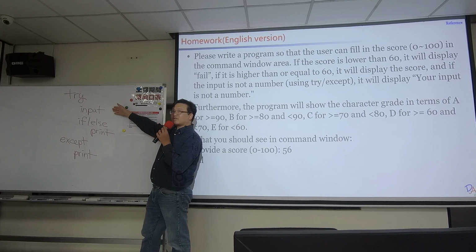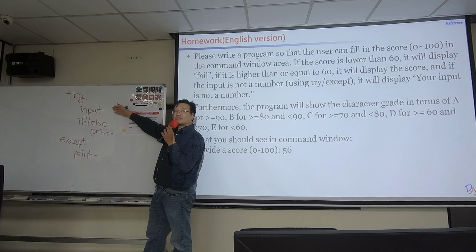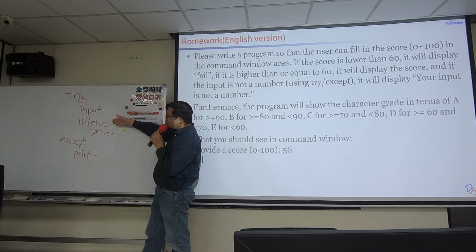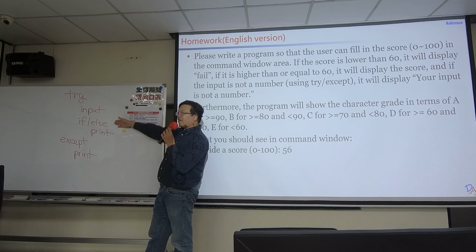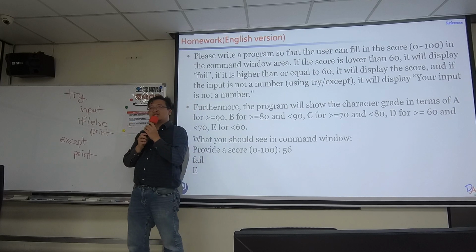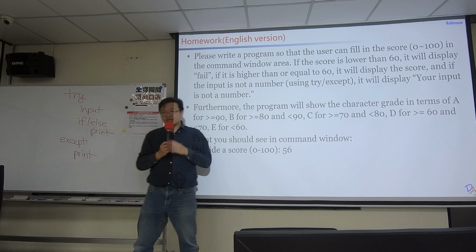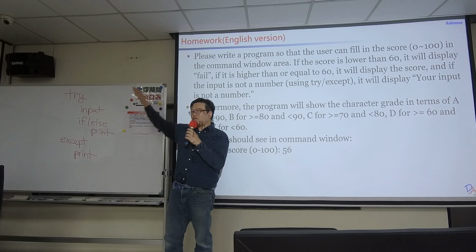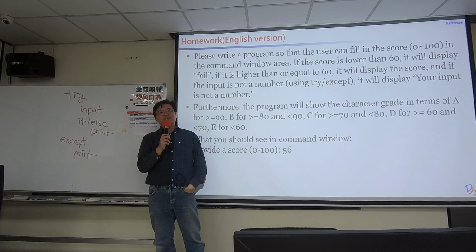If the number is properly provided, you will use some if-else check to determine what the value is and how you are going to print the score. Okay? So the general format of your code will be like this.